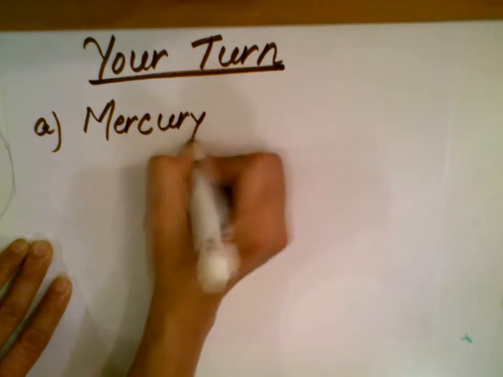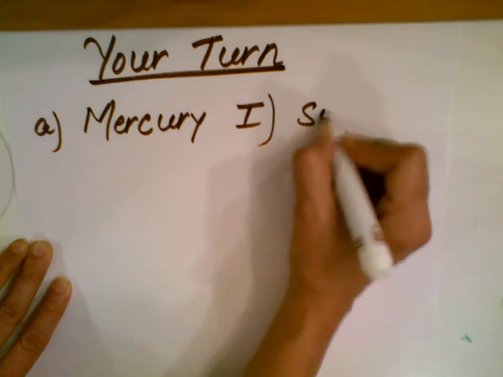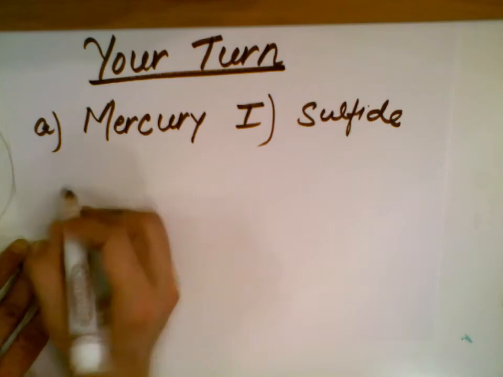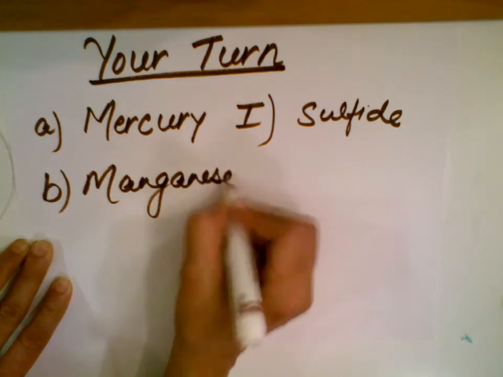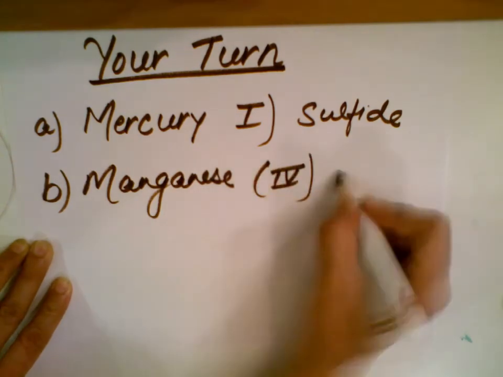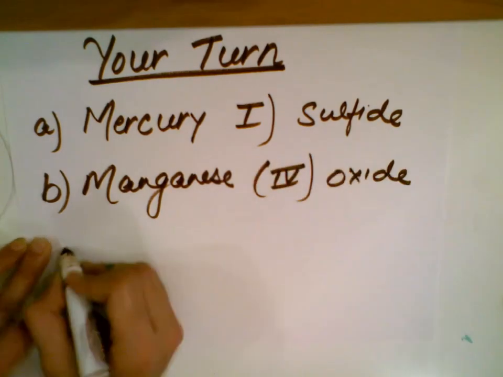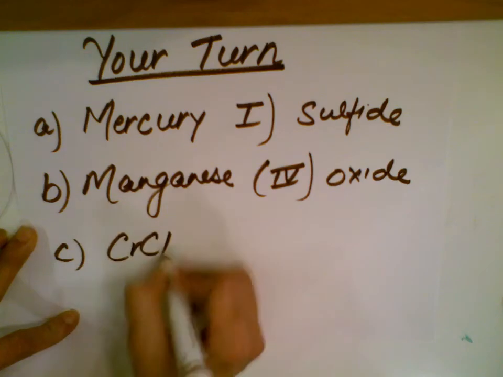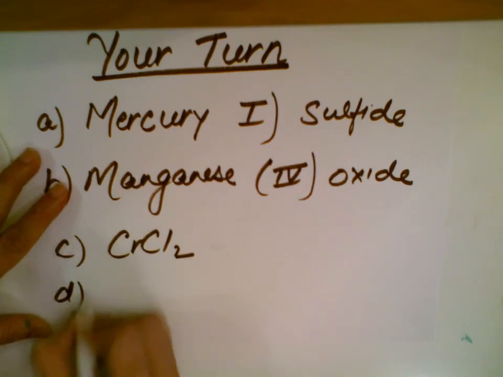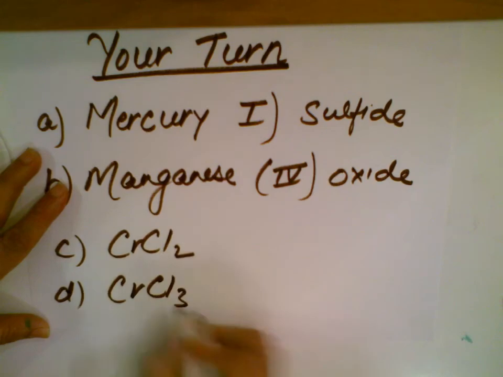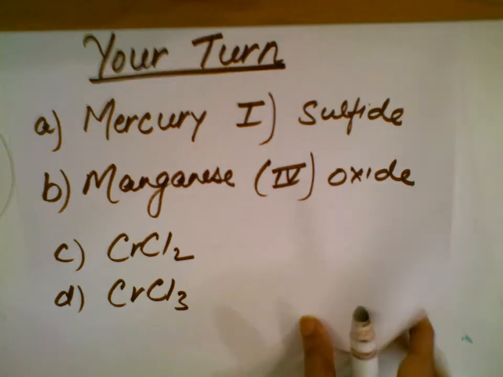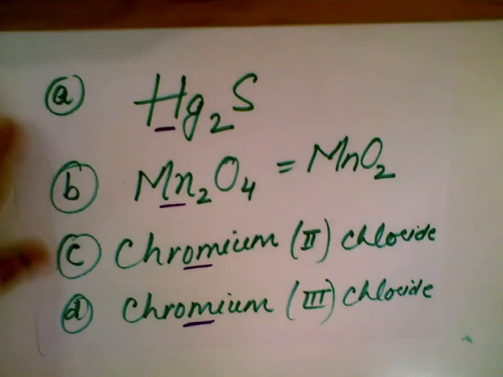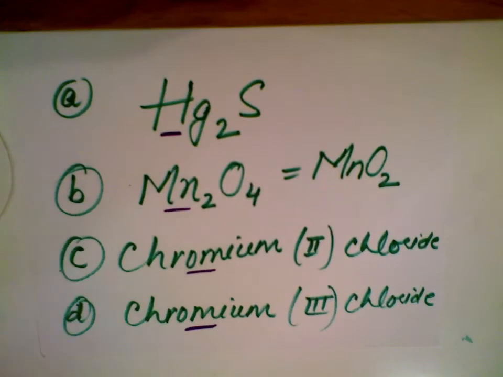So mercury 1 sulfide, manganese 4 oxide, and how about this one, CrCl2 and same type. Okay, solve this, pause the video, and if this is what you got, that means you got it.